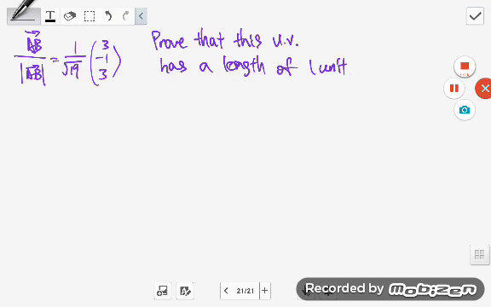So this is my unit vector now, which means this is also equal to 3 over square root 19, -1 over square root 19, and 3 over square root 19, right? If I multiply 1 over square root 19 into my column vector, this is what I get.